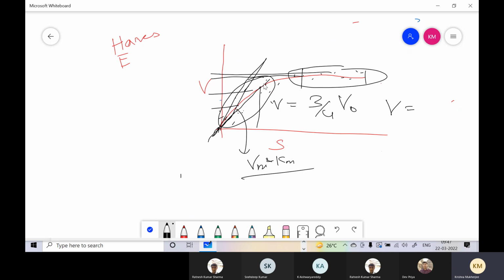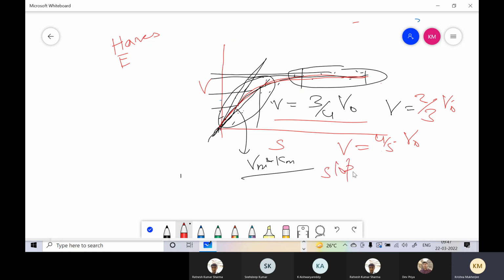What happens when I draw a line with a chord? These are chords which cut this red line, no, I've made it black, sorry, at V equal to 3/4 V naught, at V equal to 2/3 V naught, at V equal to 4/5 V naught. And what are the slopes of these chords?